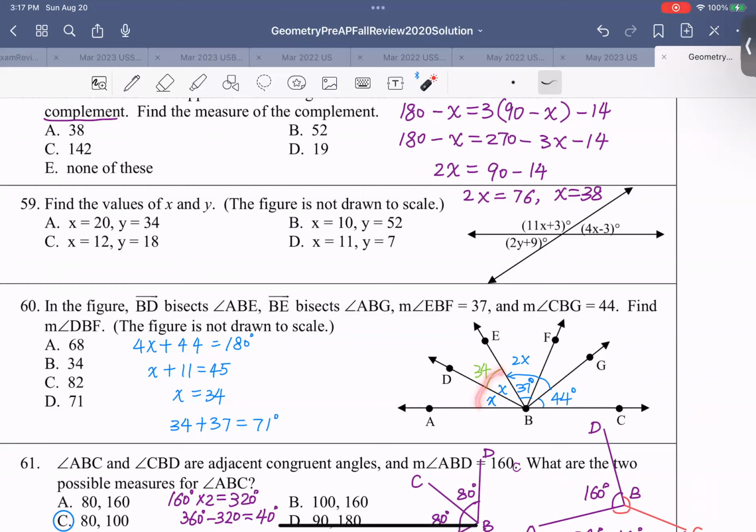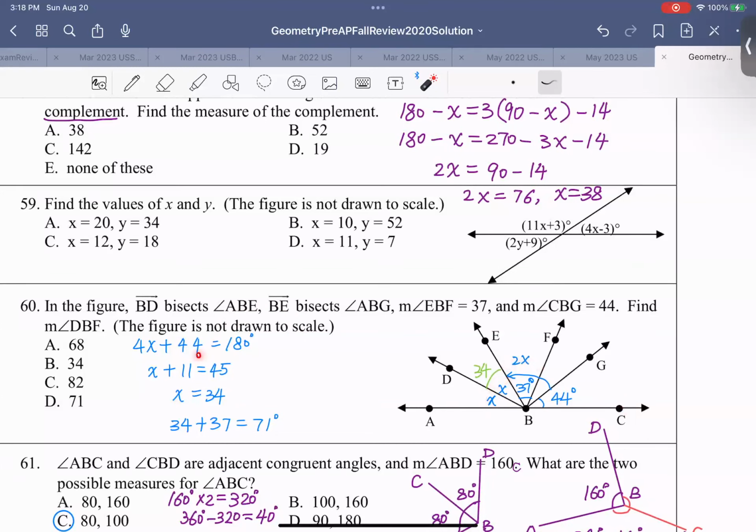This bisects here, so you call this X. This will also be X. And then this guy bisects this whole thing. This will be double X. You mark it first. And then for here, this is 44. That's X plus X, which equals this double X. So X plus 2X plus 44 gives you 180.